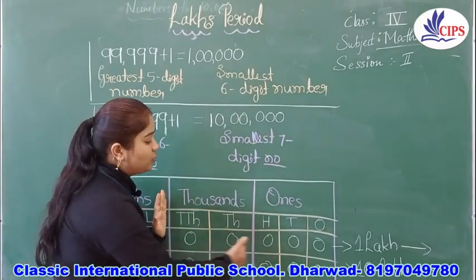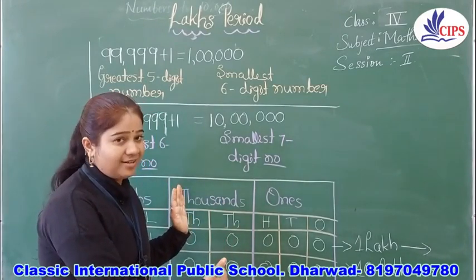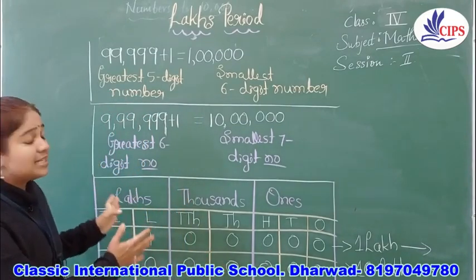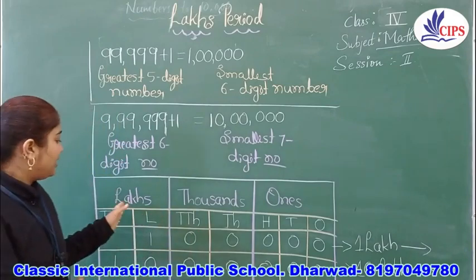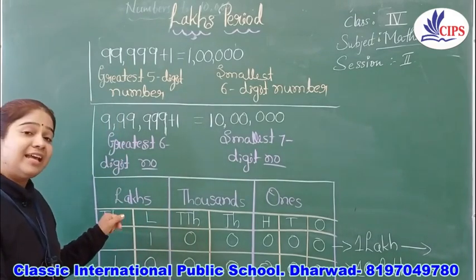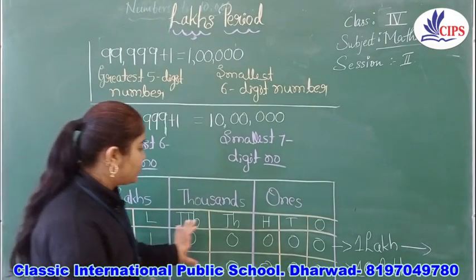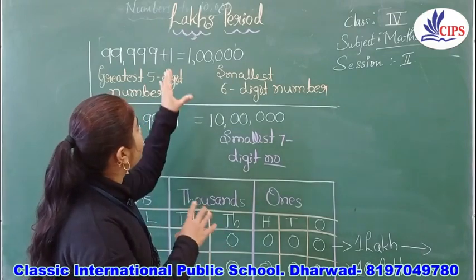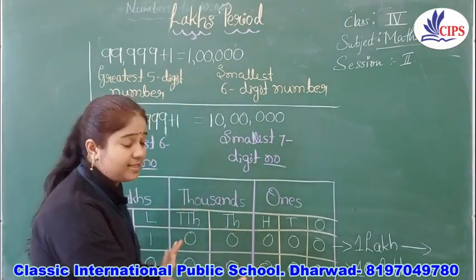Up to here you already learned in the previous class, right? This is an extended part of it, that is the lakhs period. Here in the lakhs you have lakhs and 10 lakhs. So this is the place value chart during this lakhs period.